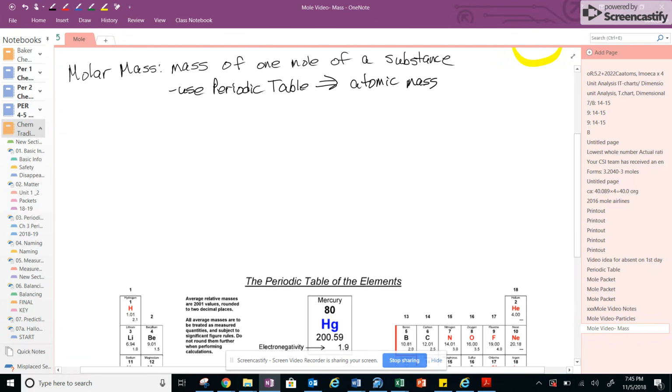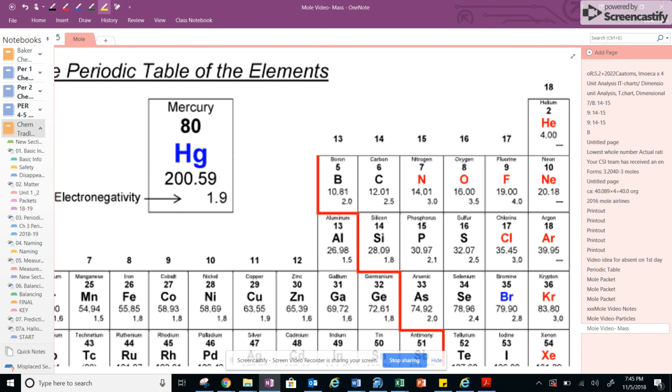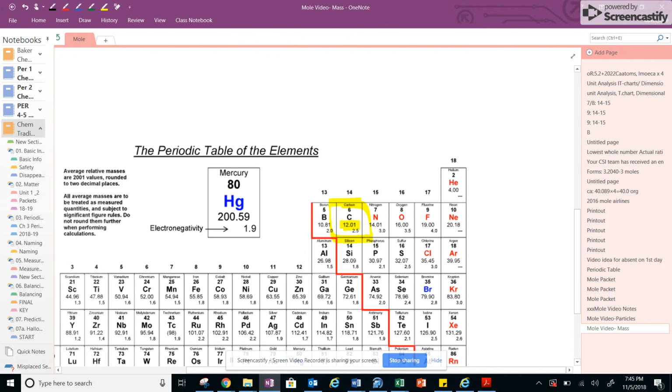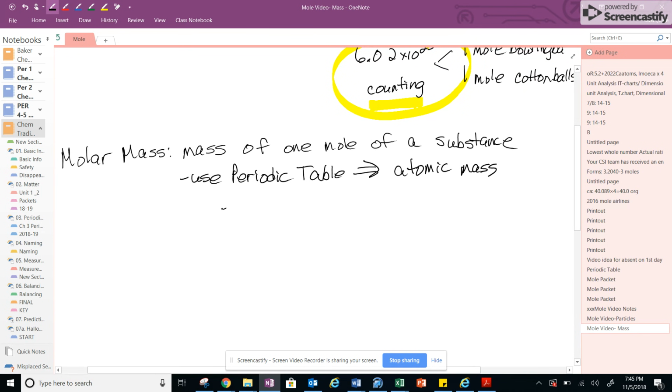I have a copy of a periodic table down below, and you'll notice if I look at carbon, the atomic mass of carbon is 12.01. So for carbon, the atomic mass equals 12.01 from the periodic table.